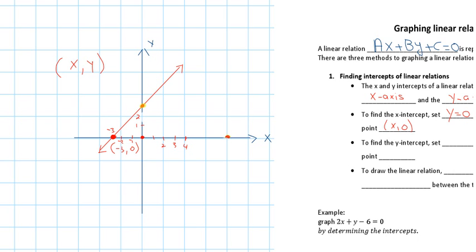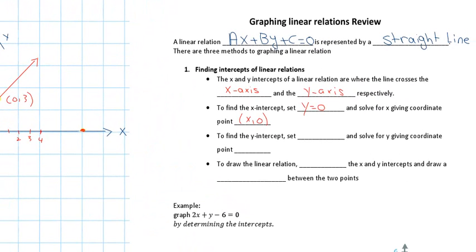So, for the y-intercept, which value is 0, x or y? X. So to find your y-intercept, you set x equal to 0 and then solve for y, giving coordinate (0, y).